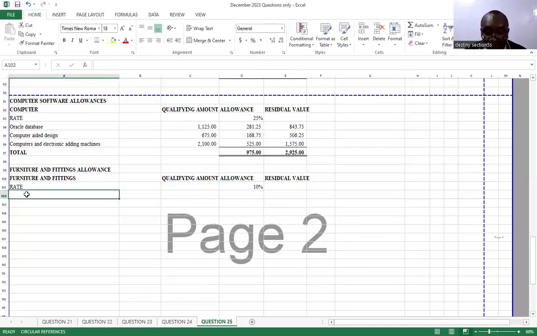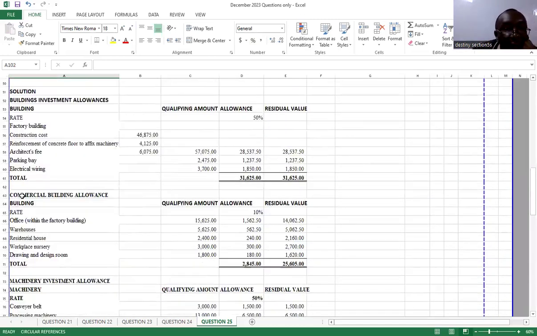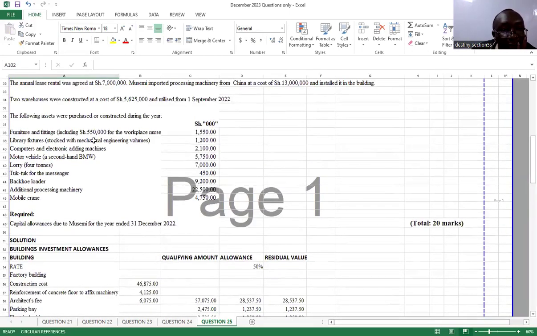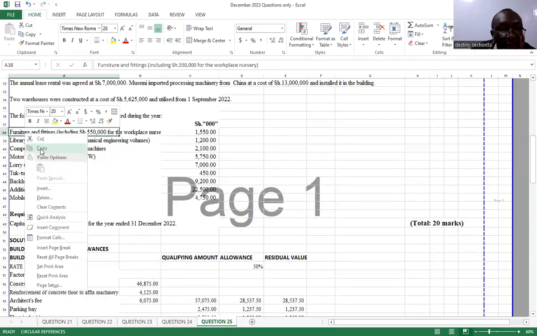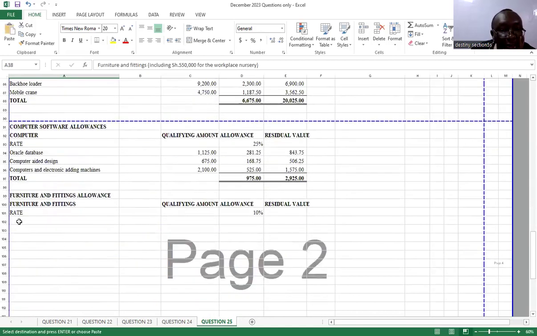Okay, so the first item that we can see is furniture and fittings. Let's go look for it, whether in our question, you can see it. There is this one, furniture and fittings. So we copy, come and bring it here.